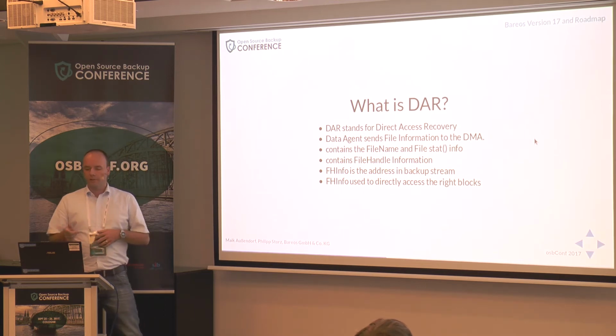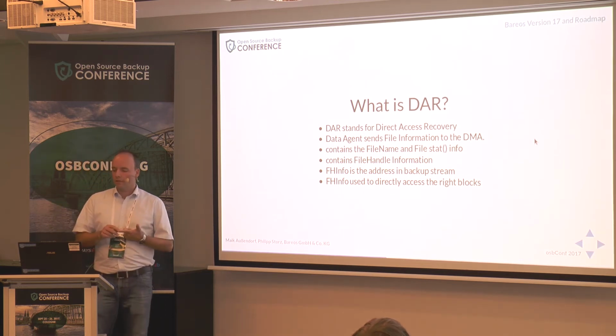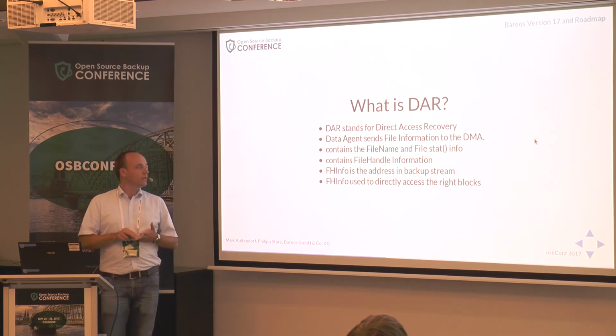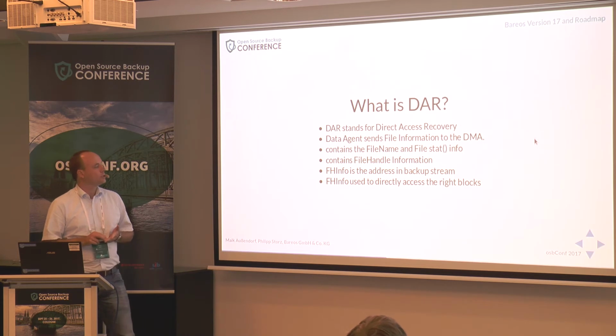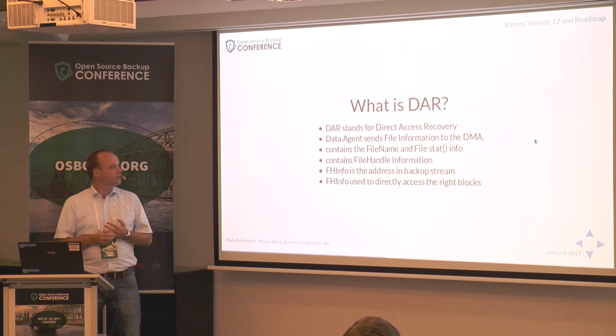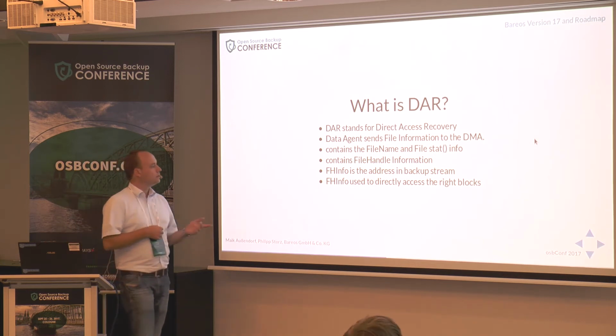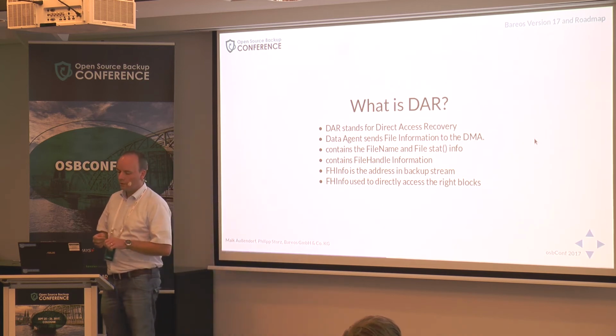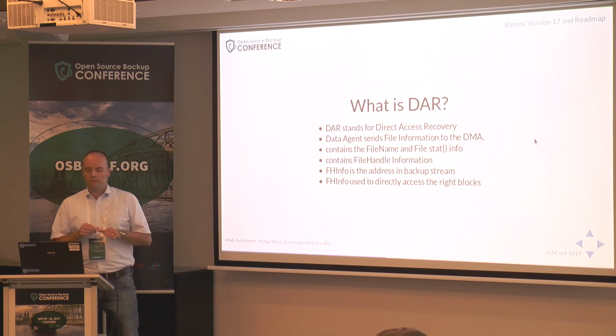Here we can see the file name and also the stat information. Additionally, depending on the implementation, it can contain file handle information, which is technically two 64-bit numbers: the file handle info and the file handle node information. This is used to be able to quickly do a restore of the NDMP backup.